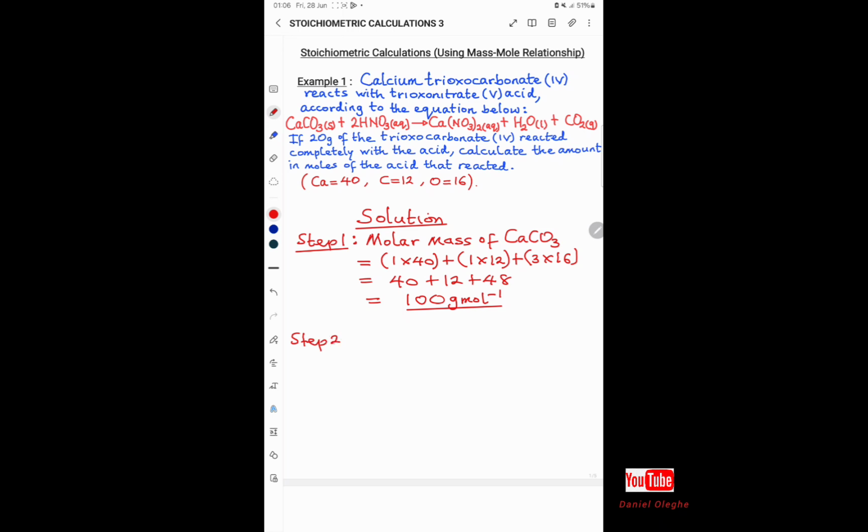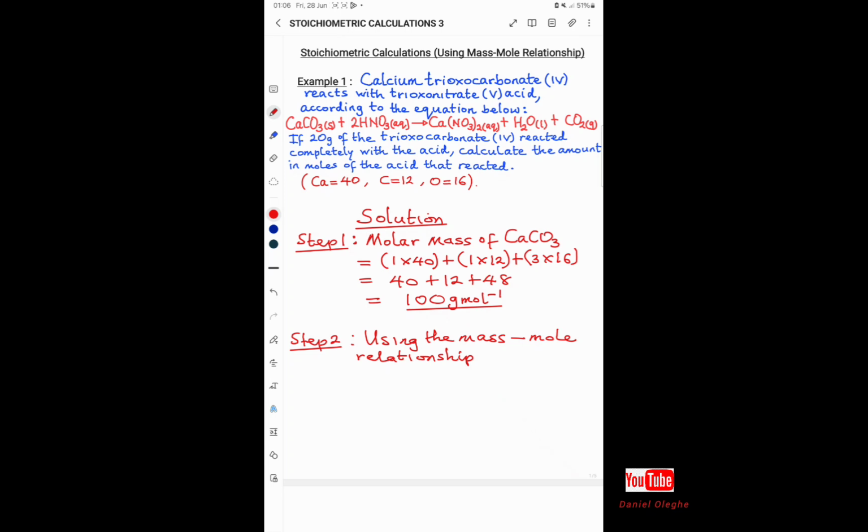That is where we now use the mass to mole relationship. We are relating the mass of the trioxocarbonate(IV) with the amount in mole of the acid.